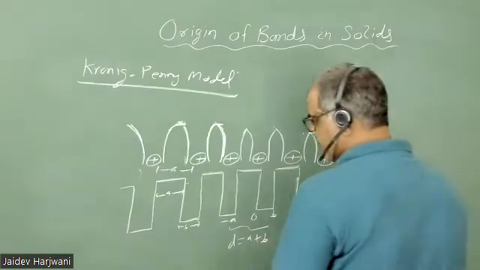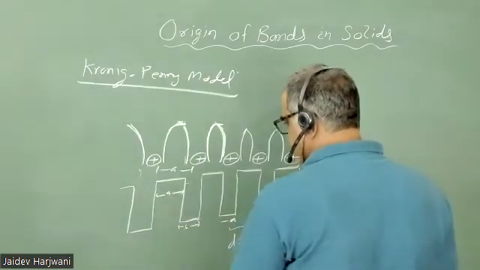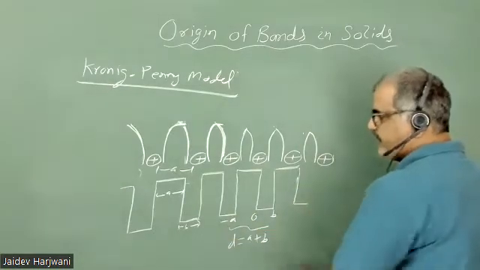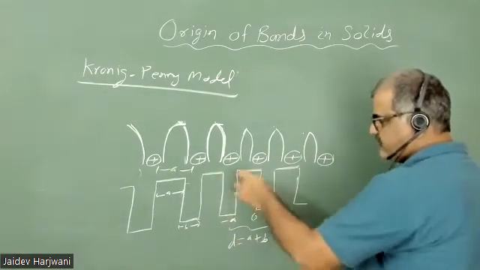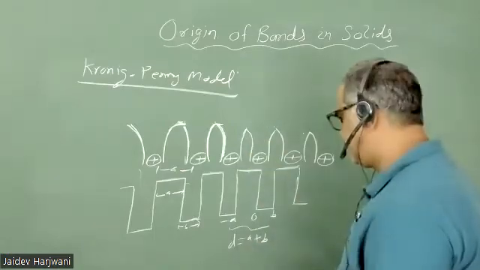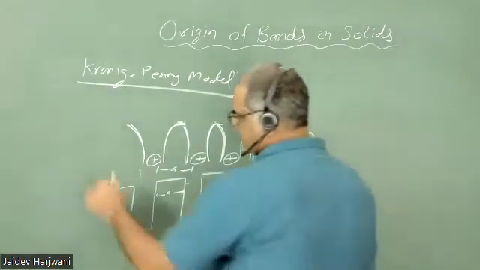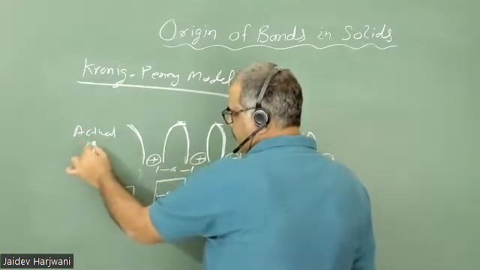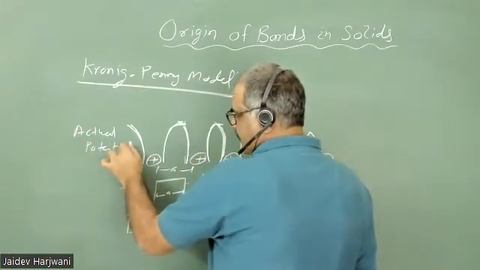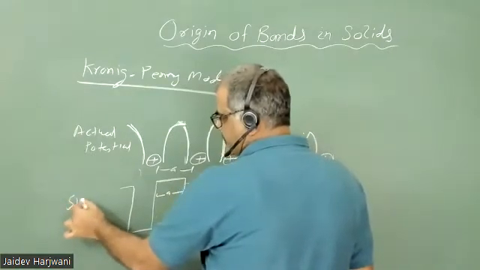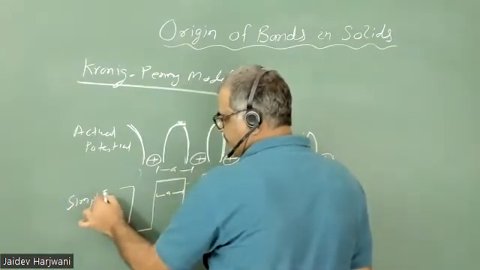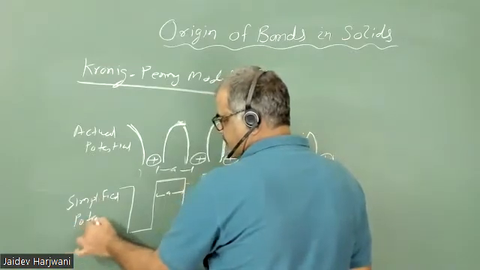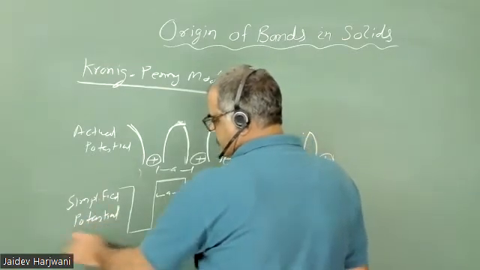So after a plus b distance, my potential is periodic, so they have the same value. This is the actual potential, and this is now your simplified potential, which I'm going to use.